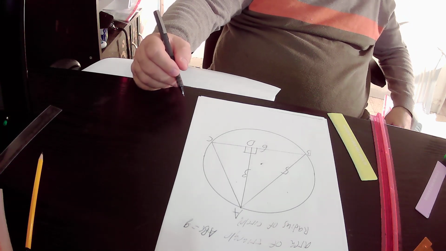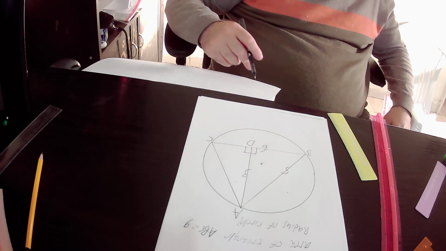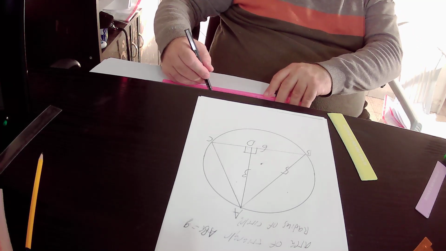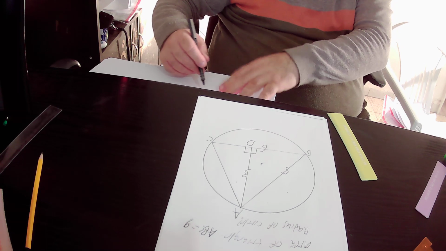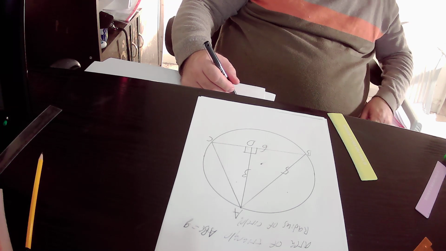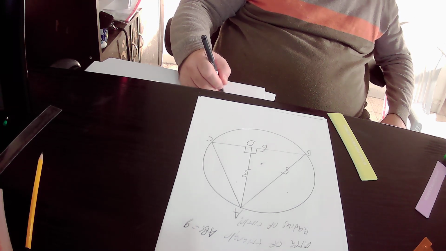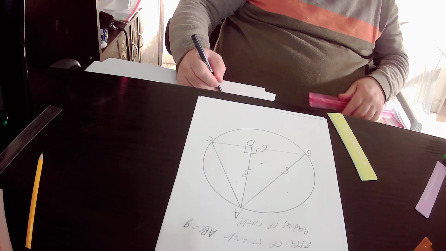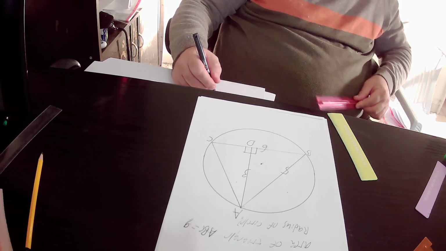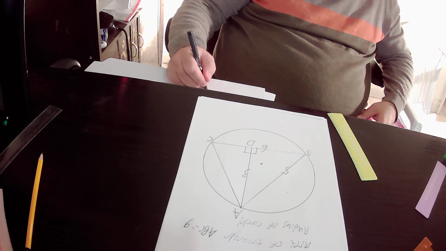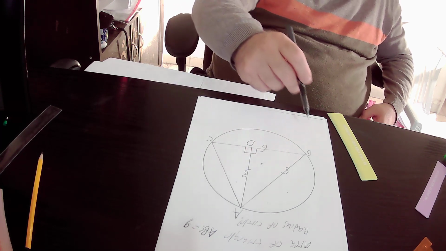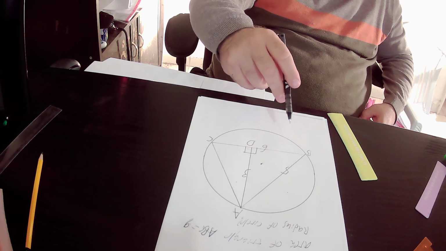In the next step we'll focus on triangle ABD, the right triangle ABD. By PT, the abbreviation for Pythagoras theorem, on this right triangle the square of the hypotenuse equals the sum of the squares of the perpendiculars.